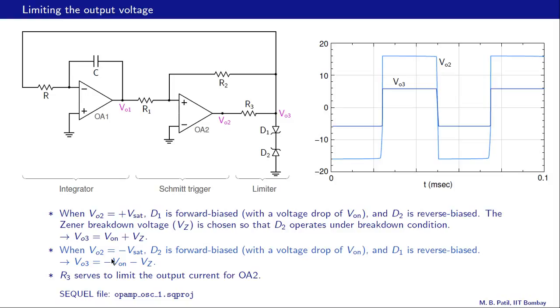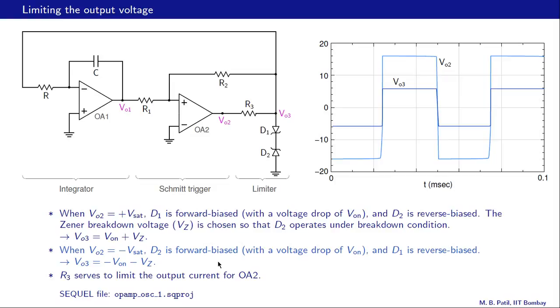When VO2 is minus Vsat, this level, then D2 conducts in the forward direction, D1 conducts in the reverse breakdown mode. So V on appears here, Vz appears here, and the output voltage VO3 is minus V on minus Vz, that level.